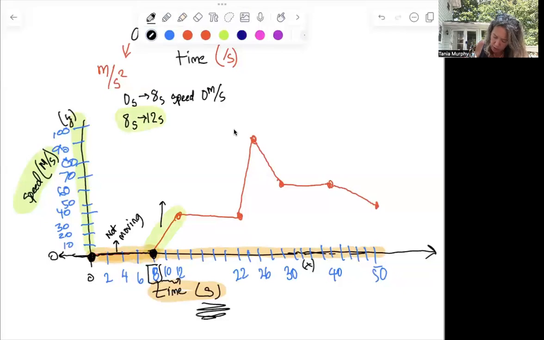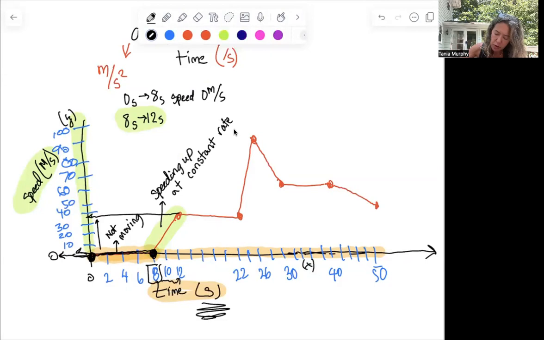Notice our speed is over here on the y-axis, and as time is passing, we are speeding up. It looks like we are speeding up at a constant rate, because that line is straight.